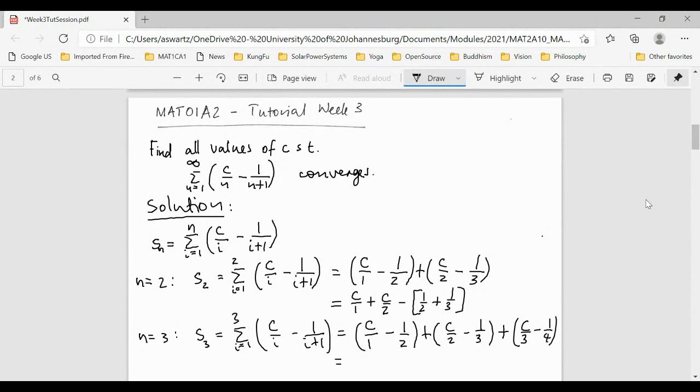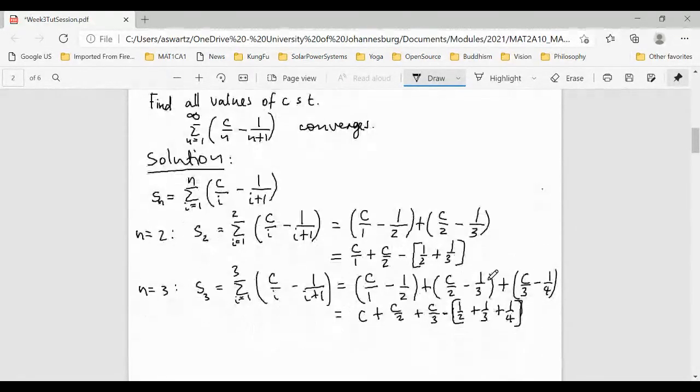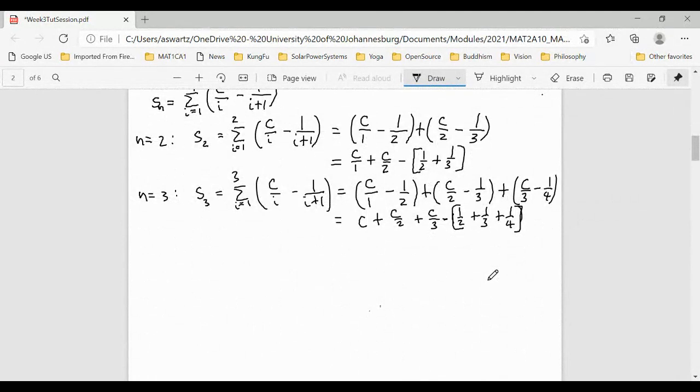So this is going to be C plus C divided by 2 plus C divided by 3, plus minus a half plus a third plus a quarter. And now both of these should start reminding you of the harmonic series, right?